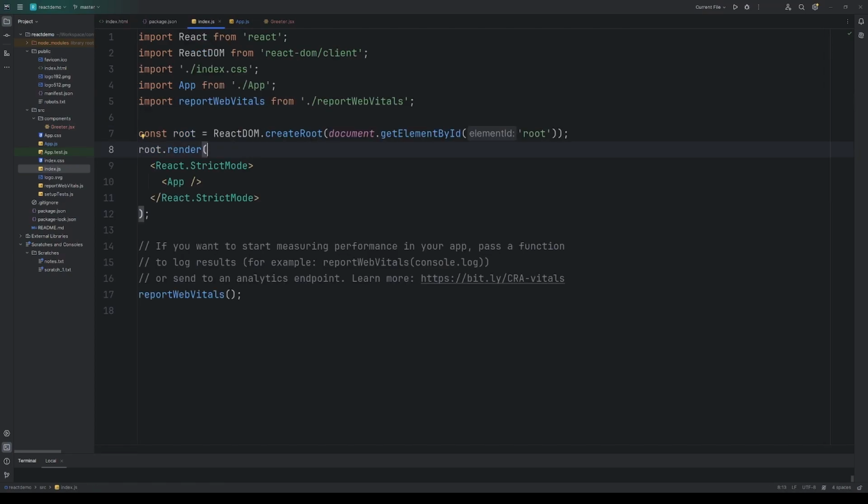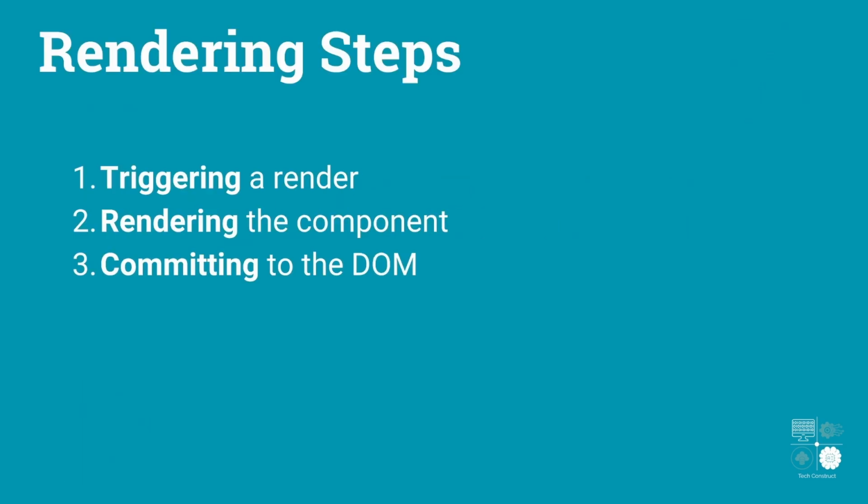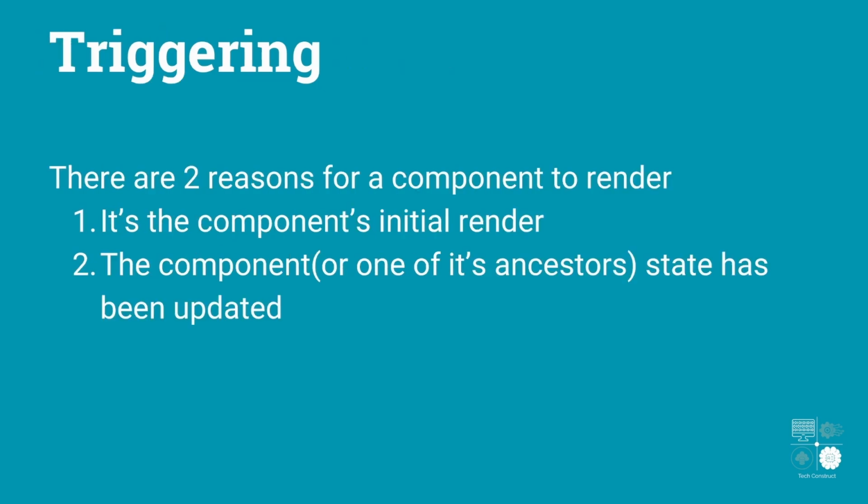To explain what you're seeing here inside of this index.js file, we're going to discuss rendering. Let's go over the concept of rendering in React. This is done in 3 steps. The first step is triggering a render, second being rendering the component, and third is committing it to the DOM, it being the component.